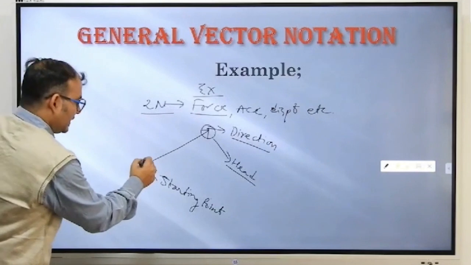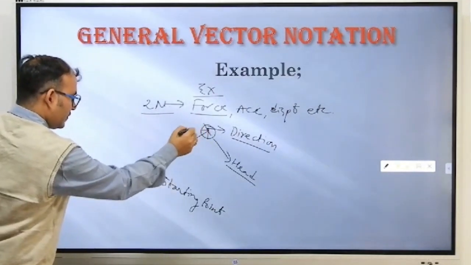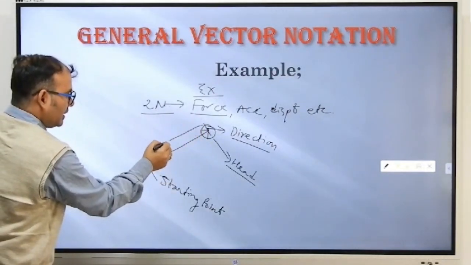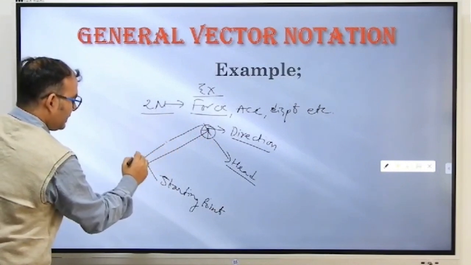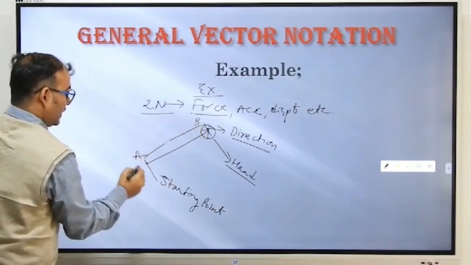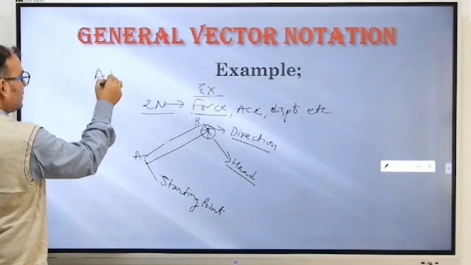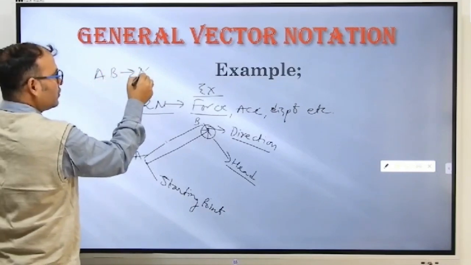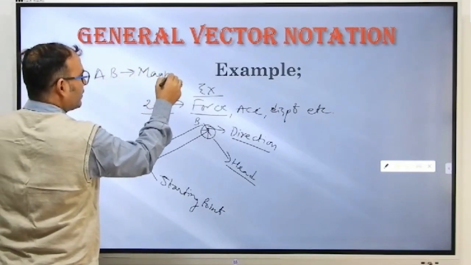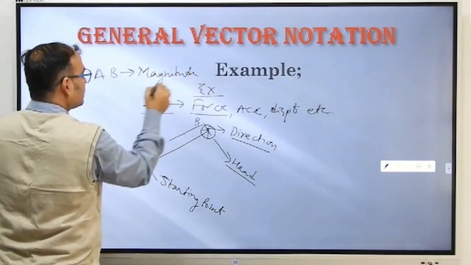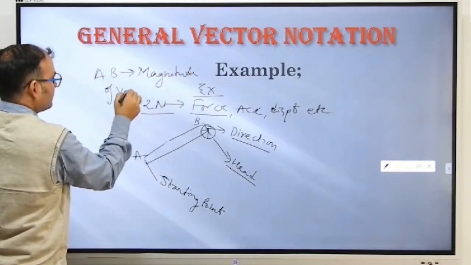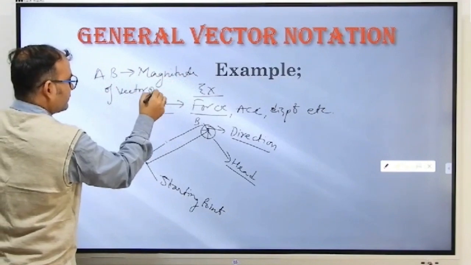Also the length of the arrow, from here to here, will tell you the length. Suppose this is A and this one is B. So the length AB will give you the magnitude of the vector quantity.